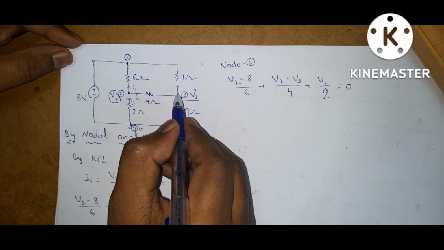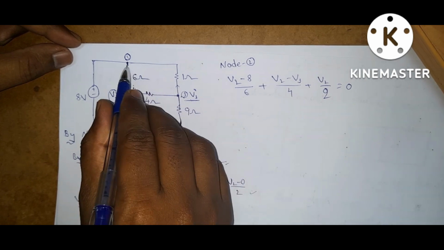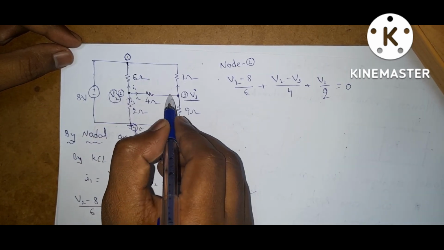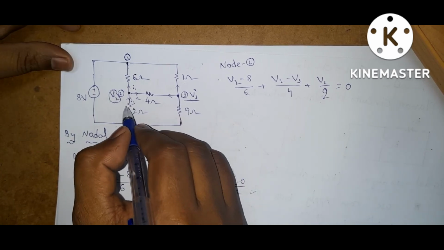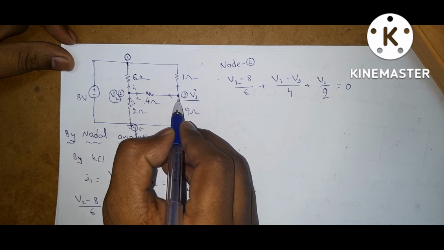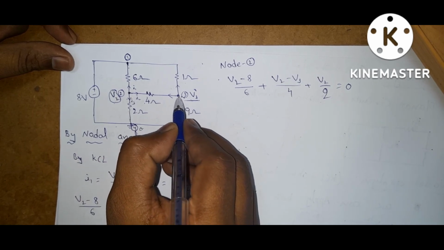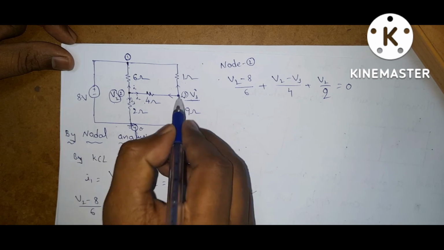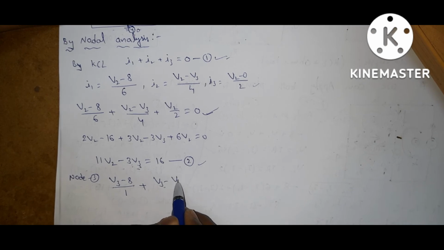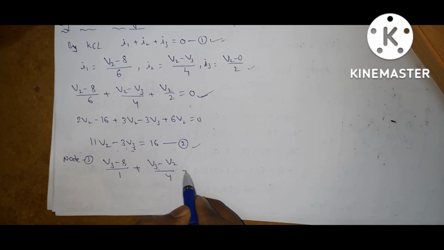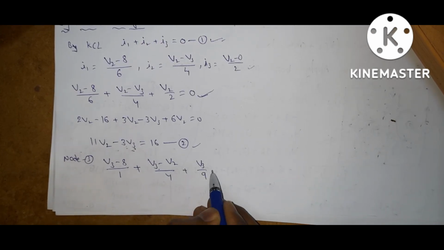Next, another current is leaving from here, so V3 minus 0 by 9. That is V3 minus 8 by 1 plus V3 minus V2 by 4 plus V3 by 9 is equal to 0.